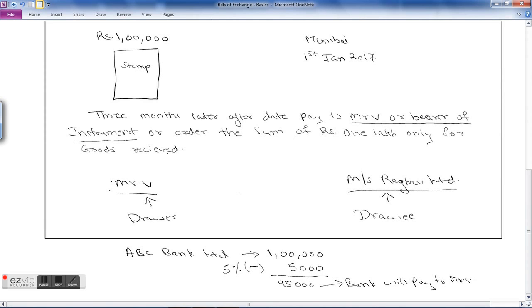Mr. V. Okay, so on what date? Say if Mr. V has got the bill signed on 1st Jan, and then he went to his bank on 2nd, so bank will immediately pay him 95,000. Then what will happen is on the due date, what is the due date now, 1st Jan, 3 months, so 1st Jan, 1st Feb, 1st March, 1st April.